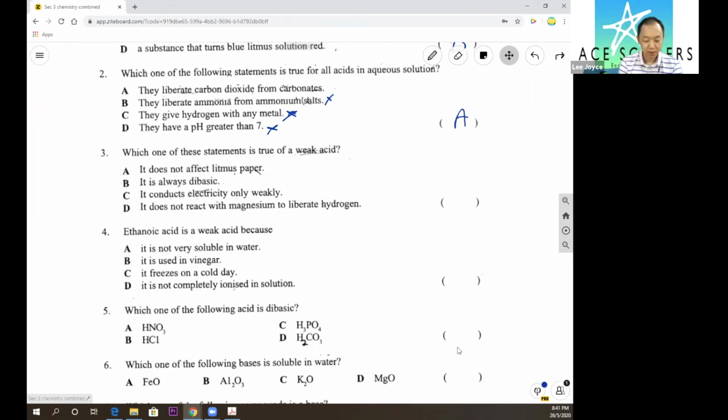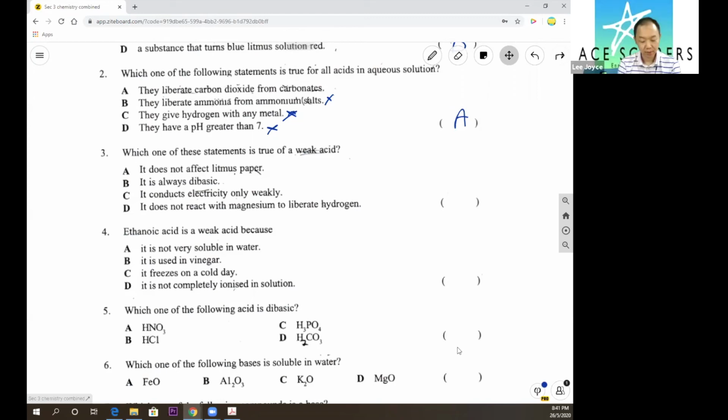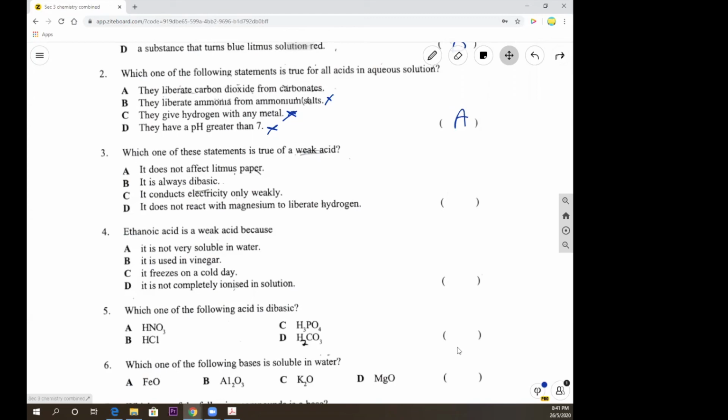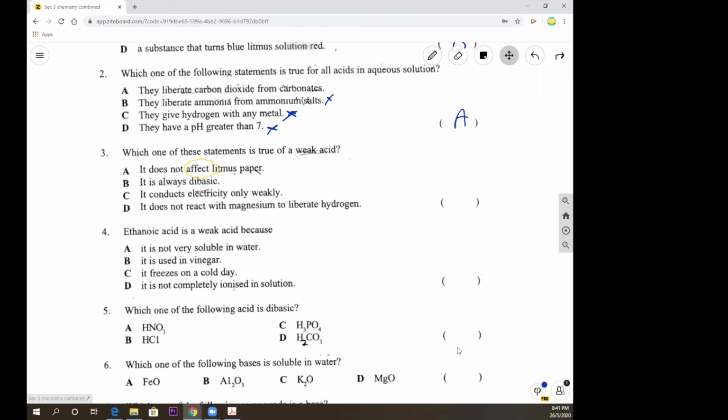3. Which one of these is true of a weak acid? Come on. Weak acid. It conducts electricity. It does not react. What's this? Effect. No, no, no, no. My screen just lagged.